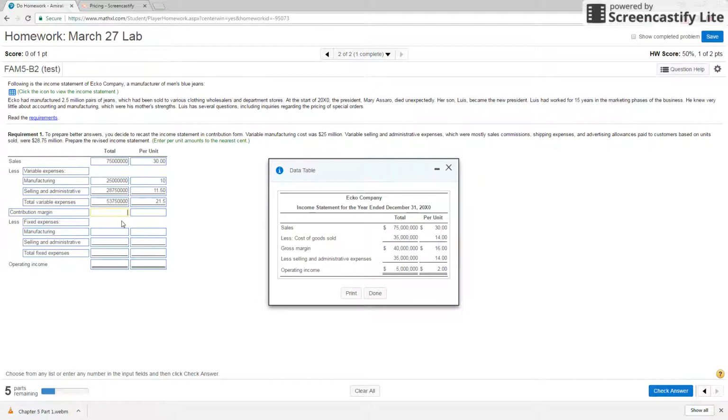So our contribution margin will be 21,250,000. Now we don't have the fixed cost, but we know how to calculate it.